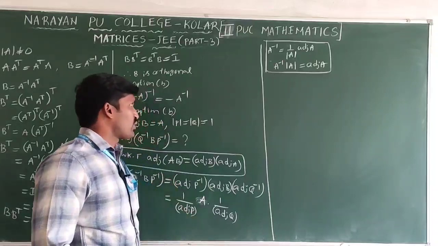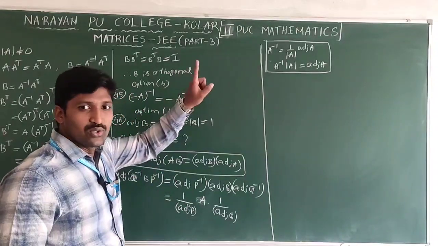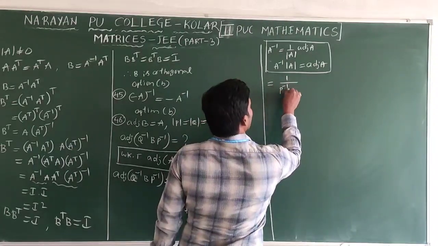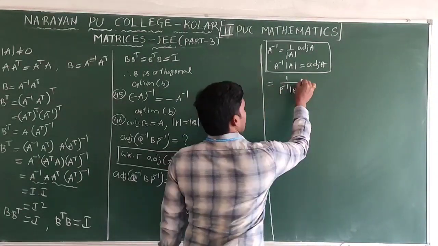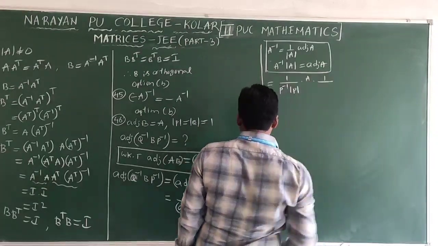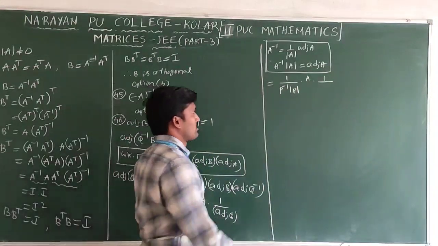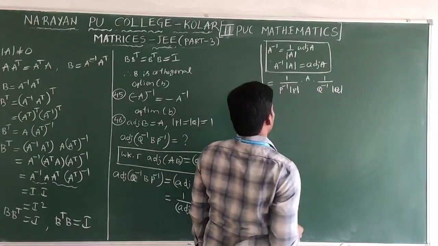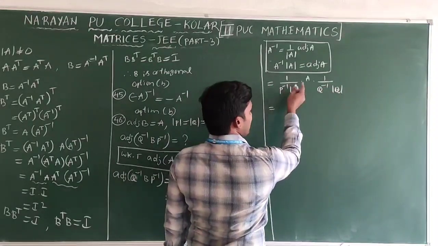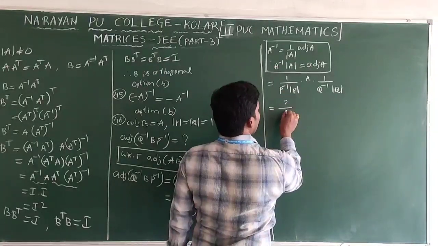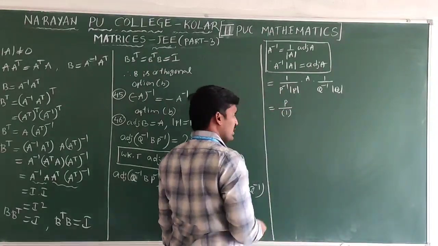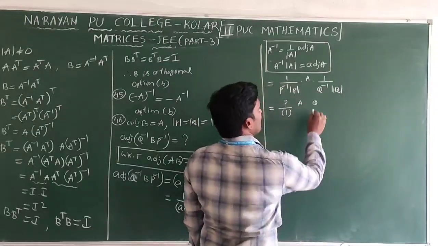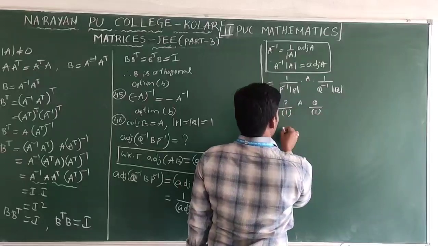Similarly, adjoint P means you can write P inverse into det P. So 1 by P inverse into det P into A. Similarly, adjoint Q we write Q inverse into det Q. So 1 by P inverse becomes P by det P, which is 1, into A. 1 by Q inverse becomes Q by det Q, which is 1.